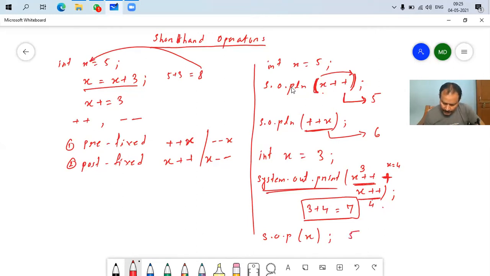Because here the value of x was 4, and after the completion of this, the value of x was increased by 1. So if we check the value again, let me move this to the upper portion.